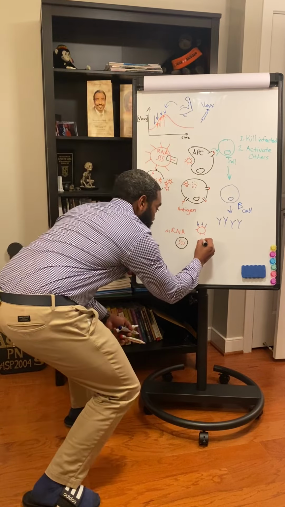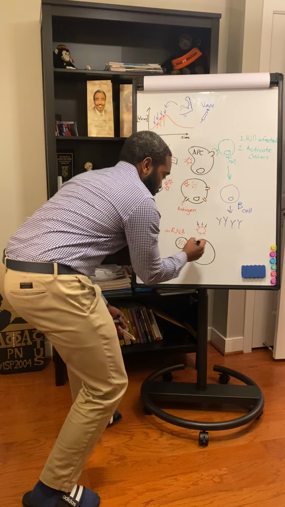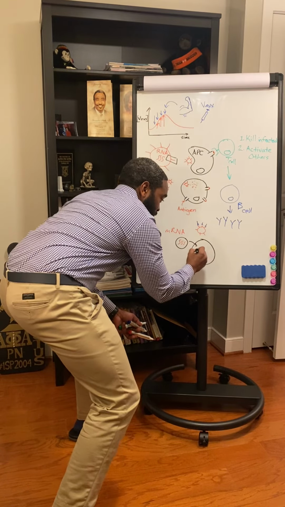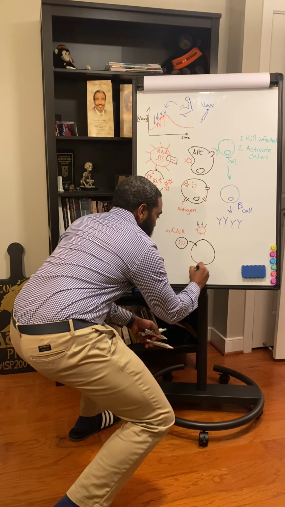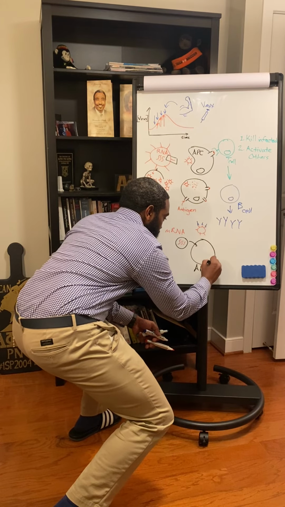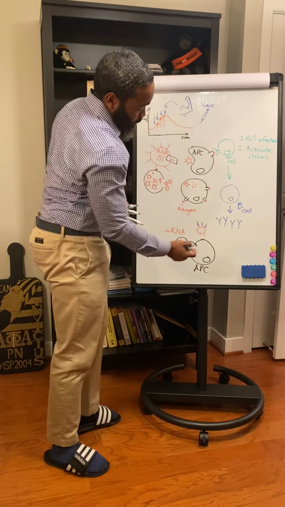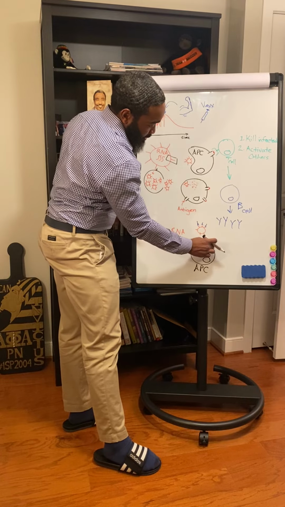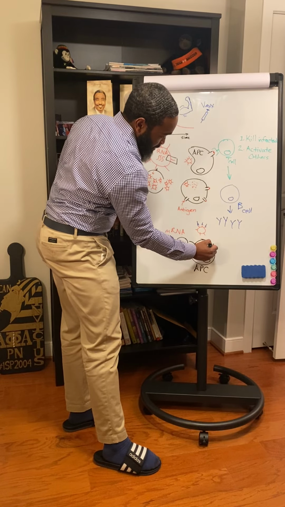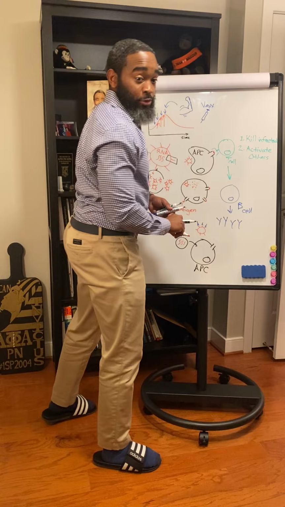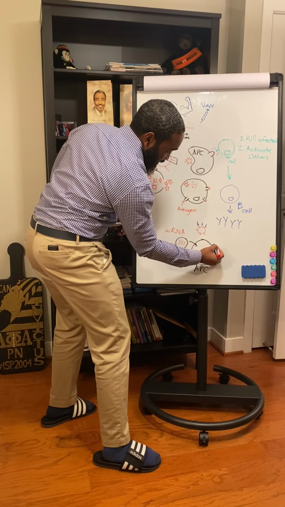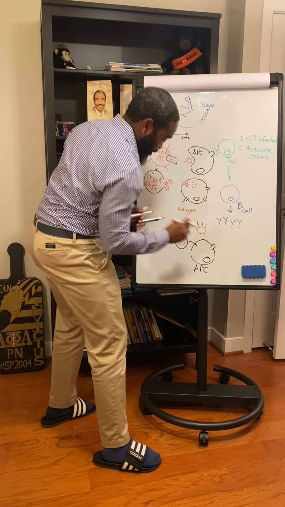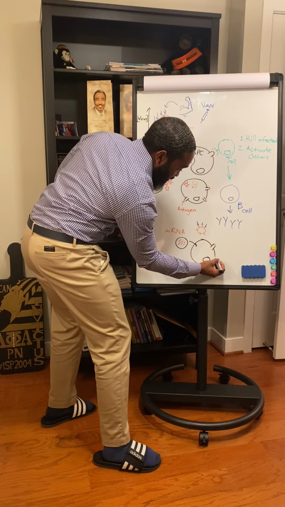And so these same instructions can enter one of your APCs. And once these instructions get inside, they basically teach your APC how to display these antigens on the surface of the cell.